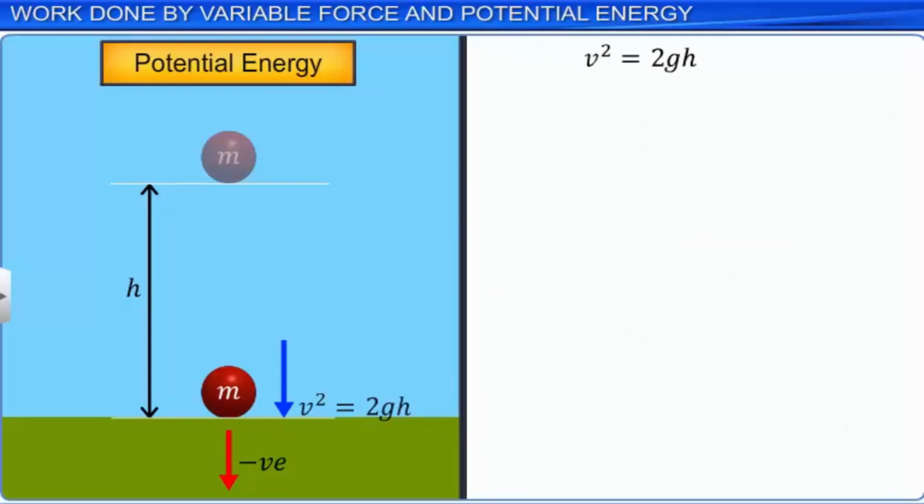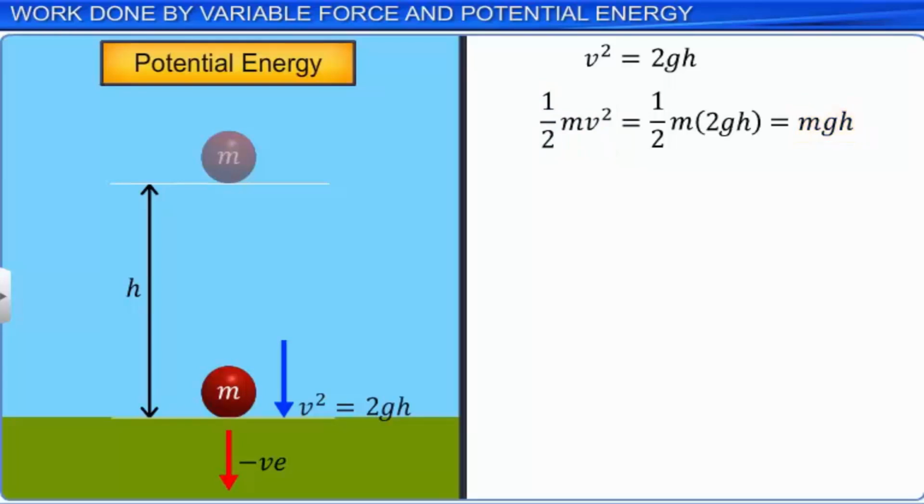On multiplying both sides of the above equation with half m, we get half mv square is equal to half m into 2gh, which is equal to mgh. The left side of the equation is the kinetic energy of the body on reaching the ground, and the expression on the right is the potential energy stored.